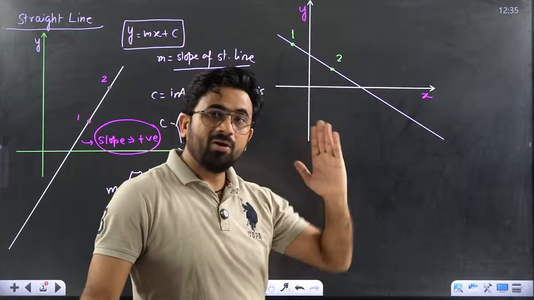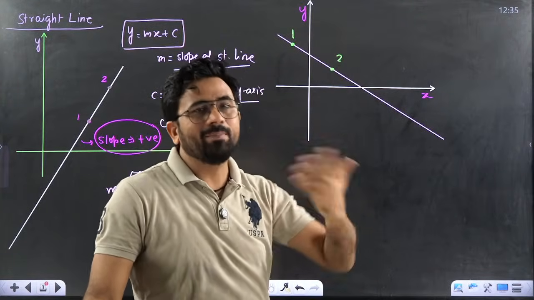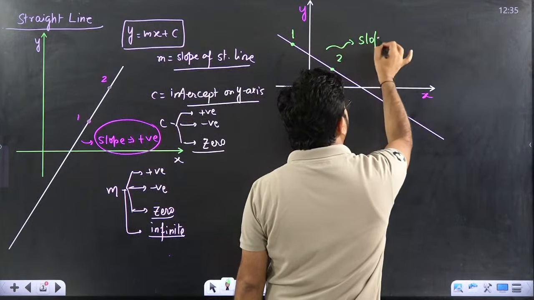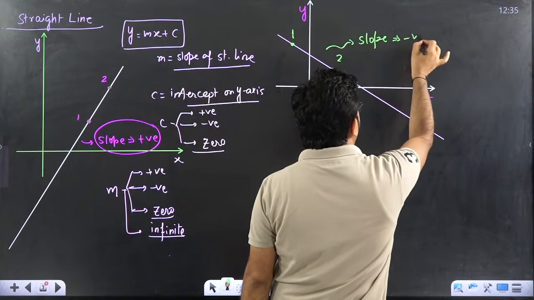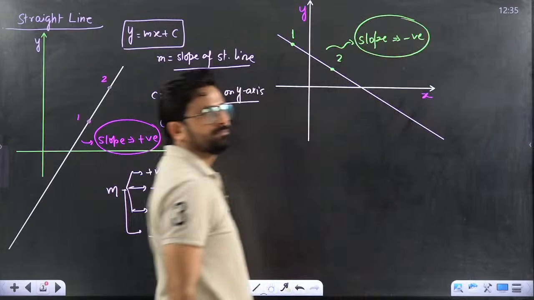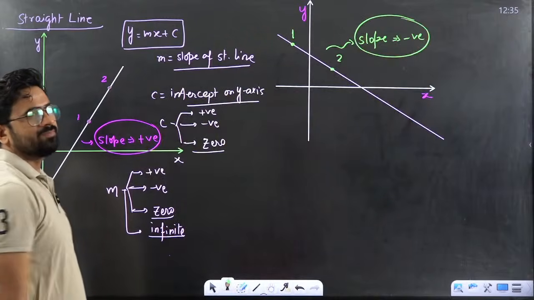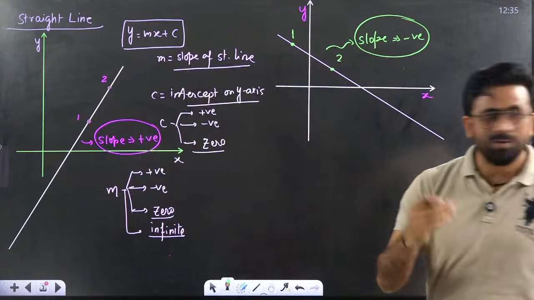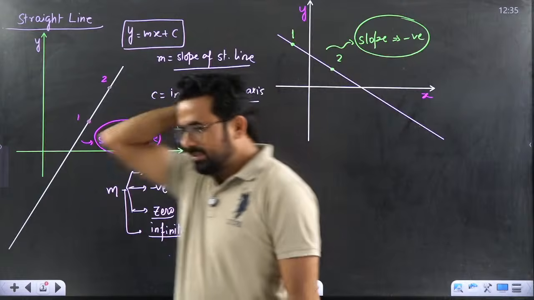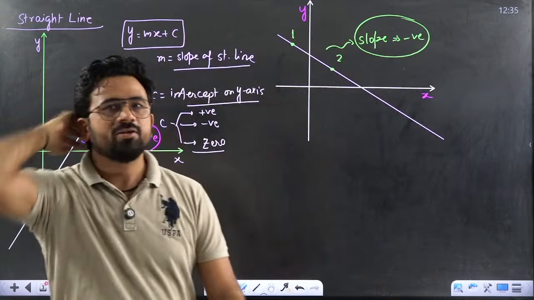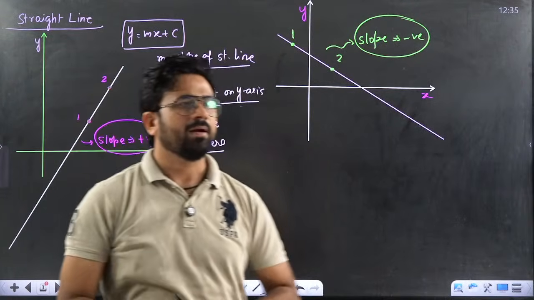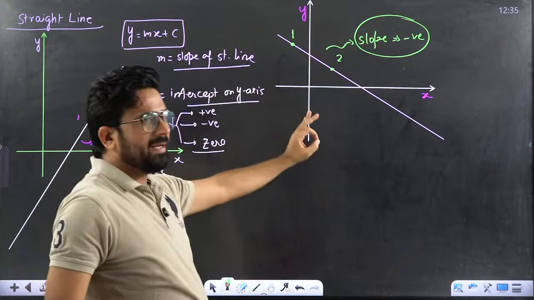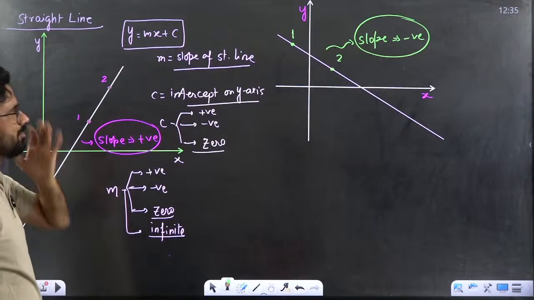Is 2 above 1 or below it? If below it, that means its slope is negative. No doubt about it. Clear to everyone? Alpha? Another person, please reply. Yes sir, no sir? Clear. Very simple. So the slope is negative. When slope is positive, this has to be clear to you.